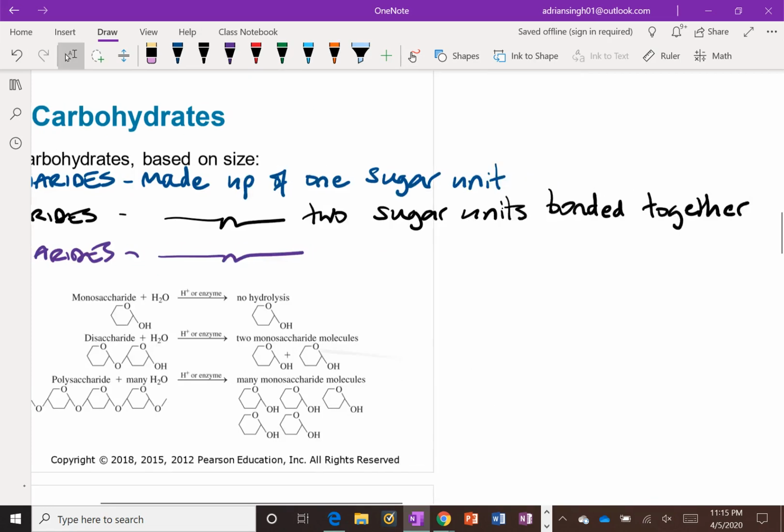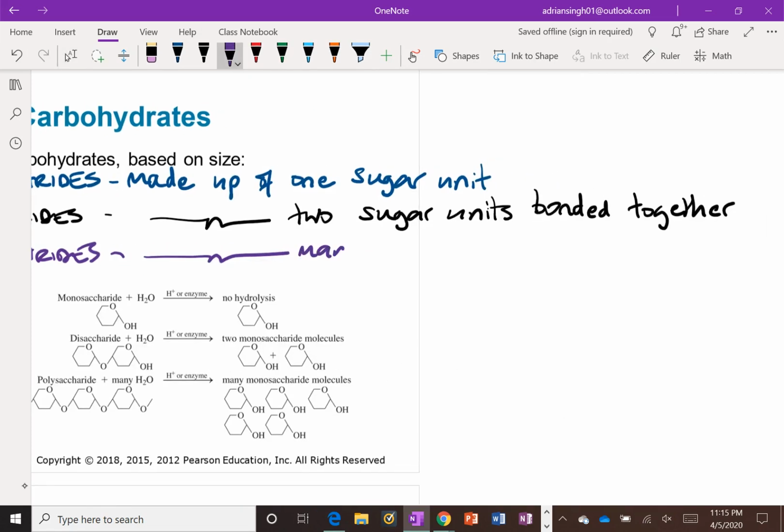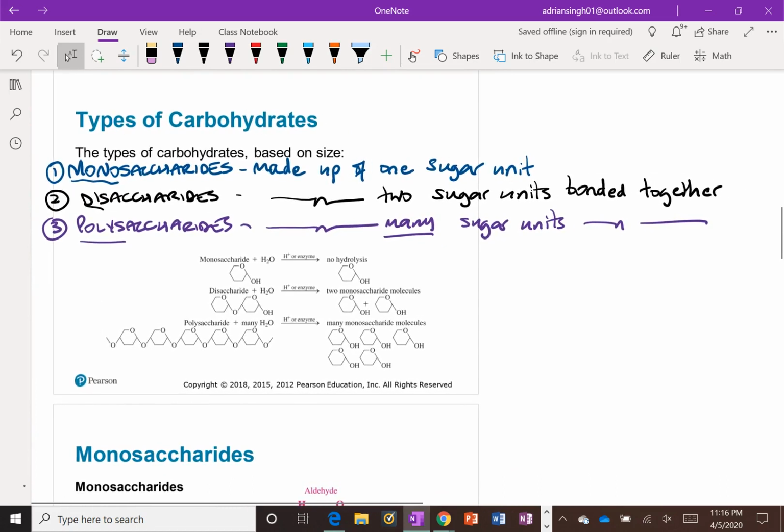Polysaccharides are made up of many, lots of sugar units bonded together. So we're thinking here polysaccharides are going to contain hundreds, thousands, even millions of these sugar units bonded together, and if we were to break them down, we would get lots of these individual sugar units from a polysaccharide. Like I said, in the subsequent sections I will take a look at the important examples of these three types of sugars or carbohydrates based on size.